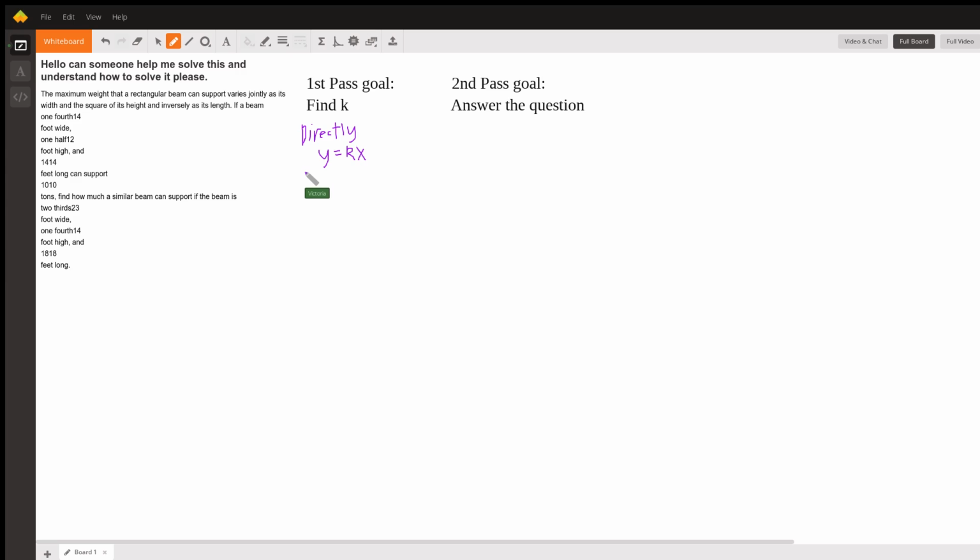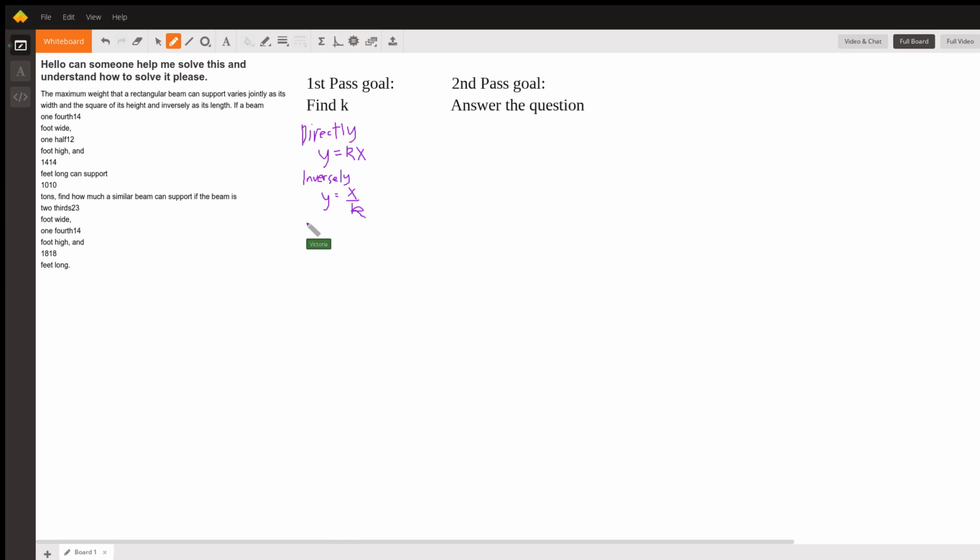If we say inversely, so we say y varies inversely with x, then what you write down is y equals k divided by x.